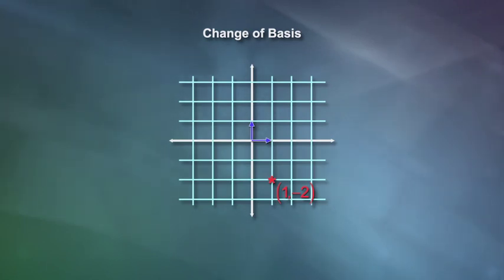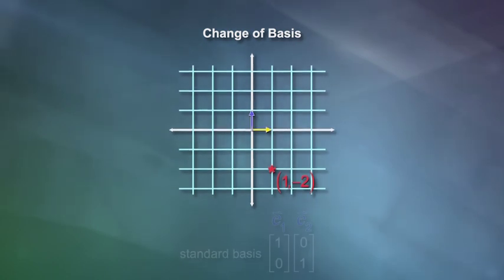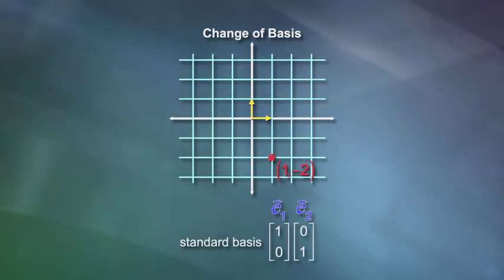For example, we usually use the standard basis to express a vector. In the plane, the standard basis vectors are e1 and e2. The vector e1 points right 1 unit, and e2 points up 1 unit. The standard basis produces a set of horizontal and vertical grid lines, and I can read the coordinates of a point from this grid.